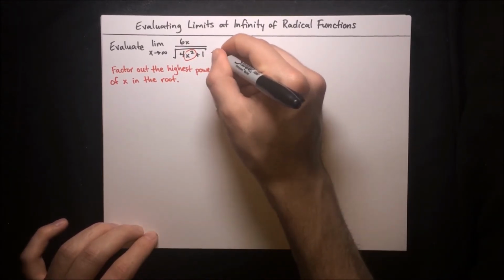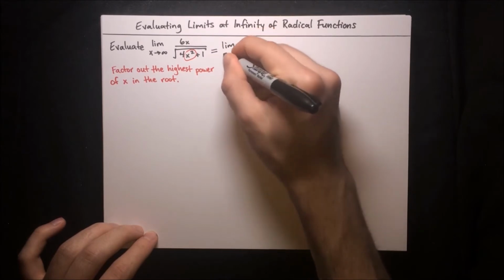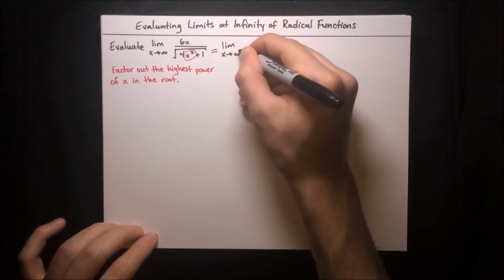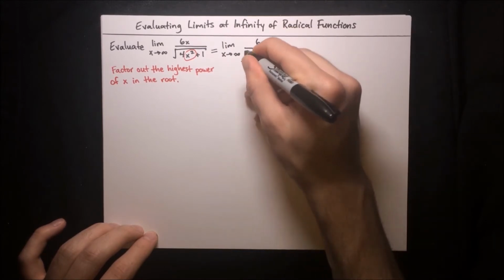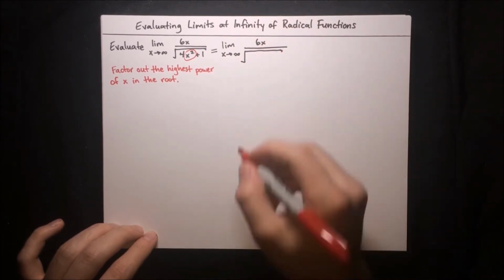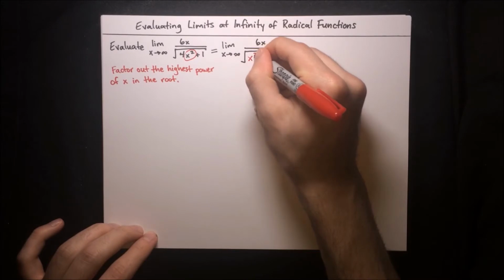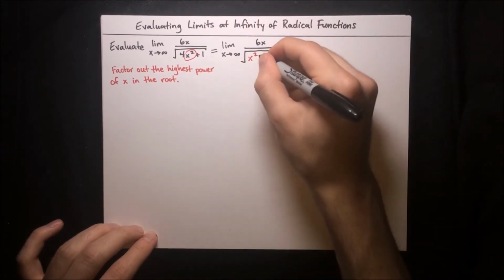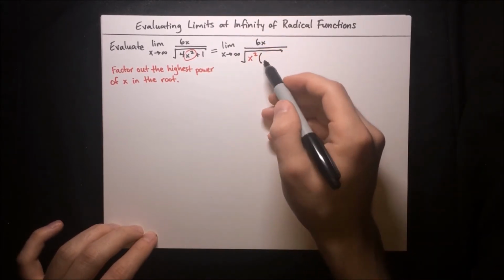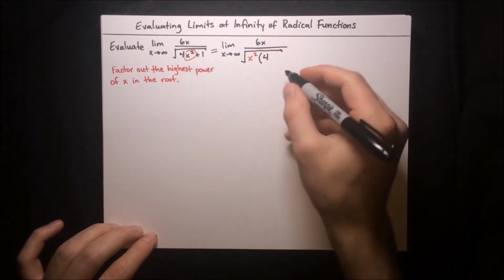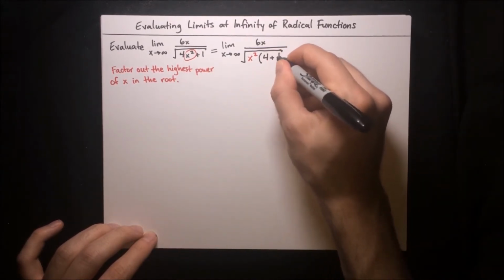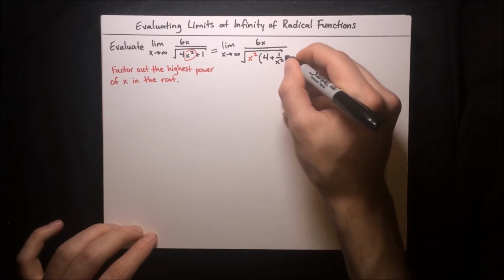So this becomes the limit as x approaches infinity, still 6x on top, but in the root, in the denominator, we write this as x squared, factoring out the x squared, times whatever we need to make it equivalent to the original expression. So x squared times 4 makes 4x squared, and then x squared times 1 over x squared makes the 1.